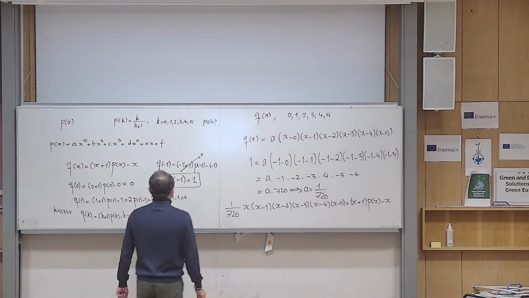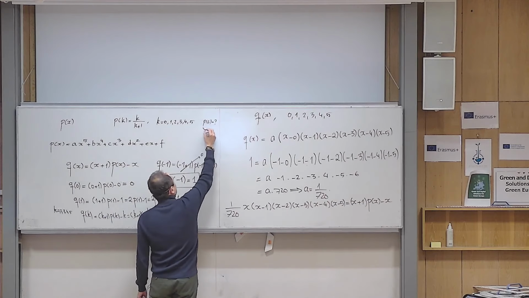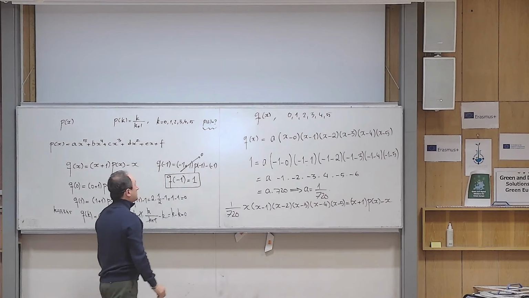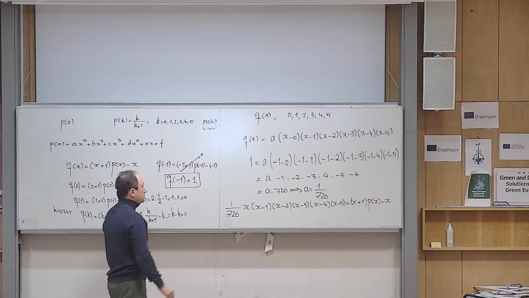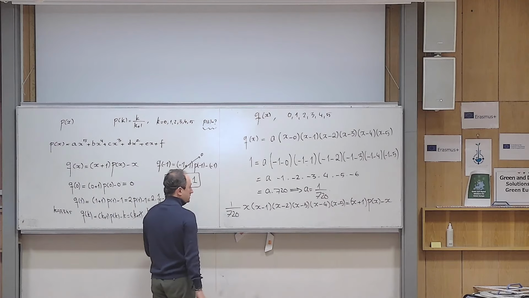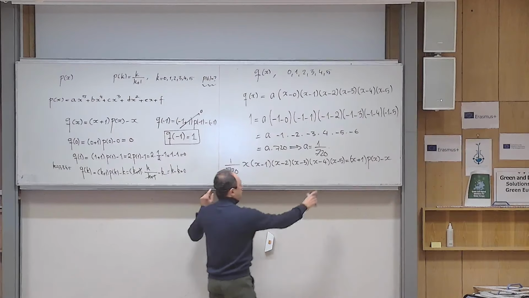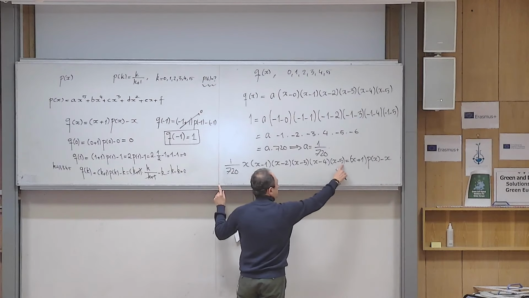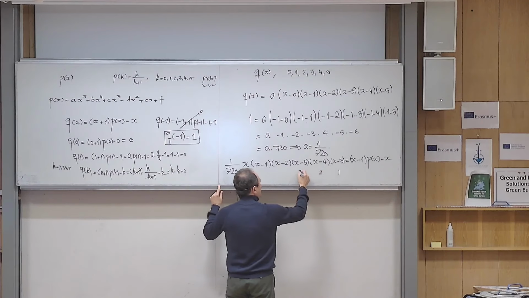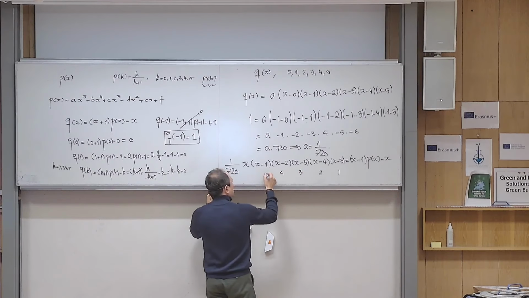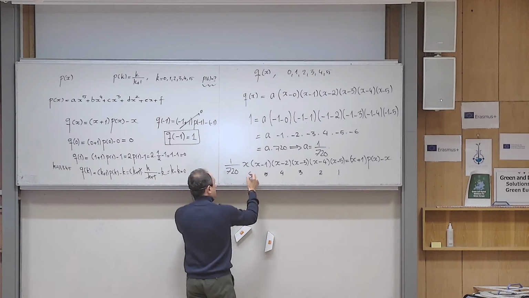But look, I'm supposed to look for p of 6. I need p of 6, so it motivates me to replace every x with 6. If I replace every x with 6, this becomes 6 minus 5, 1. This becomes 2, this becomes 3, 4, 5, and finally 6.